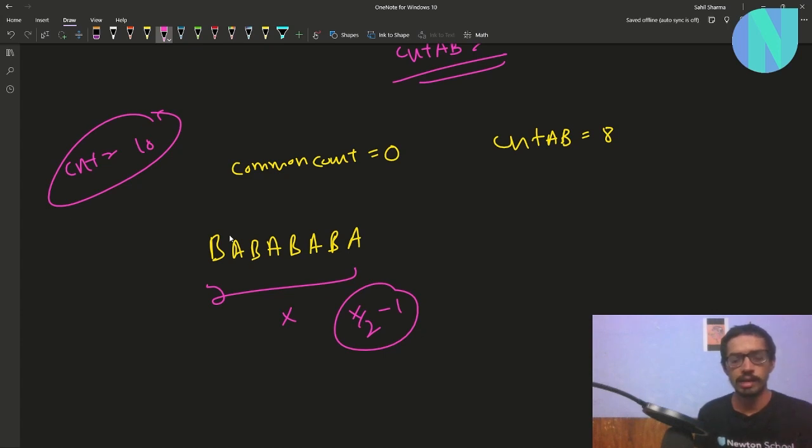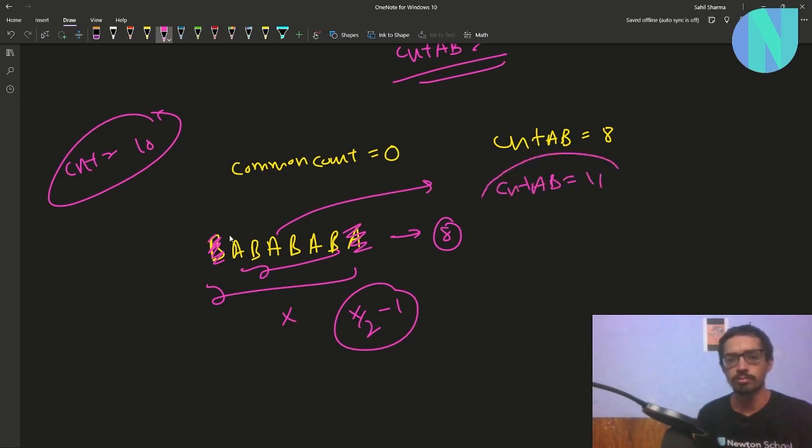For example, here the length of this string is 8, so I can get 3 AB strings from here. So I can remove this B here, I can remove this A here, and I can take these 3 strings. So now my count AB will become equal to 11. So now my count is greater than or equal to C. So now it's okay.